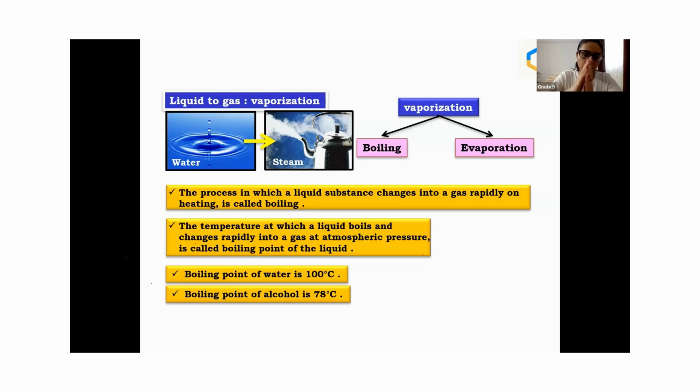When we change the liquid into vapors, now this statement is very important: at any temperature below its boiling point is called evaporation. So that is why we do not need any external temperature to change the liquid into vapors, because it can happen below the boiling point.